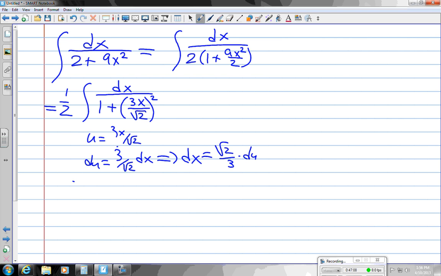Is that okay? So when I make my substitutions, I have 1/2. Now dx becomes that, so I can pull that out, square root of 2 over 3. And then that gives me an integral of du over 1 plus u squared. Okay?